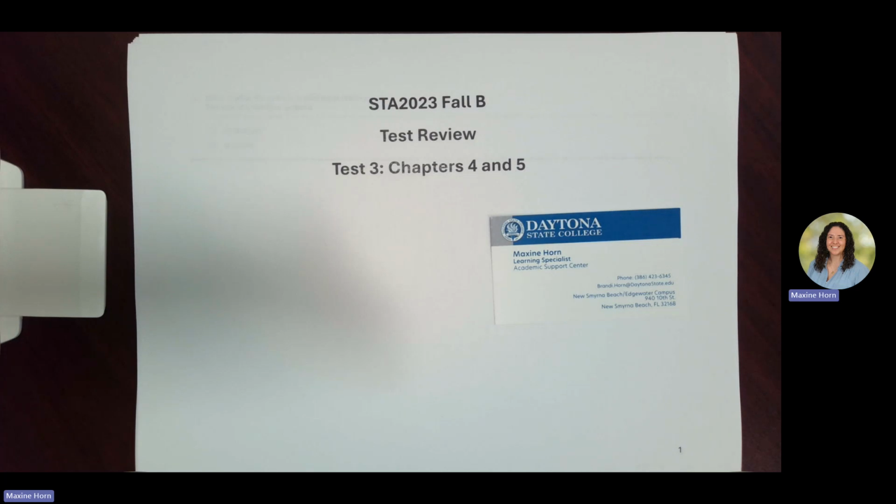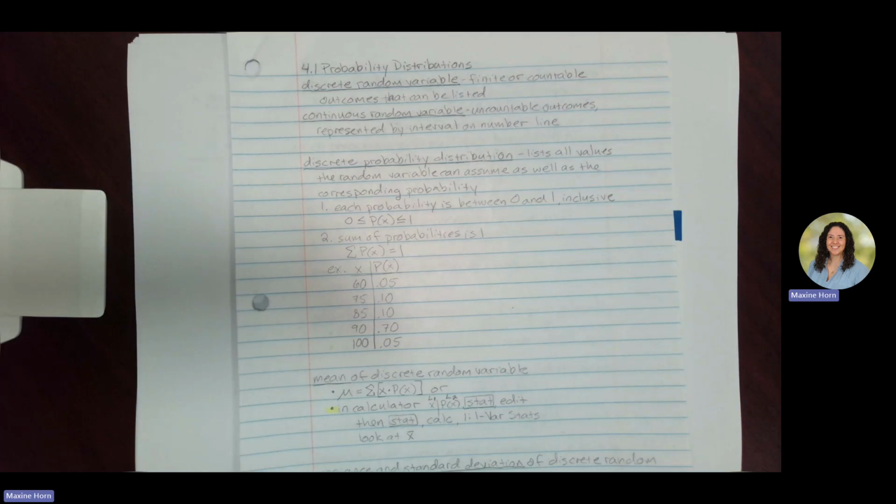All right, so for these chapters, I did go ahead and create, I wouldn't really call it a study guide, but sort of like an example of maybe some notes that you might want to take as you're going through these chapters. So I will be attaching this.